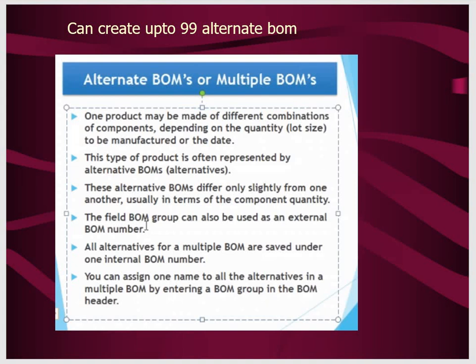For manufacturing the Pepsi bottle, if you are creating a glass bottle, you'll need the glass as a bottle, the solution and everything else will be the same. But for the plastic one, you'll need the plastic bottle. That's why there's a requirement for alternate BOMs. So SAP allows 99 alternate BOMs of a material.